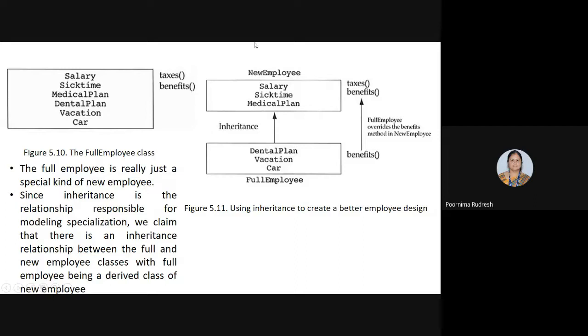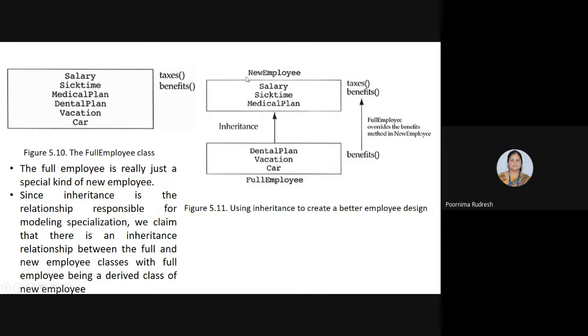The full employee class inherits some of the data members and behavior from the base class: salary, sick time, and medical plan. Along with that, full employee has special properties such as the dental plan, vacation, and the car. These are the additional benefits given to the full employee.